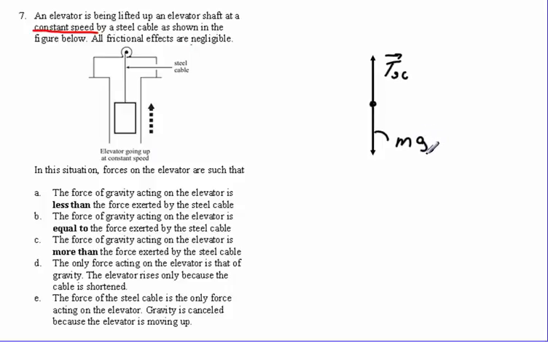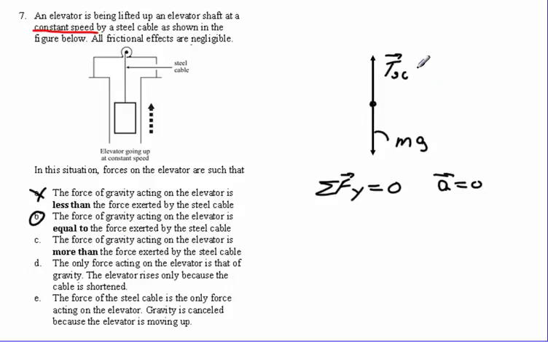Now the question says the force of gravity acting on the elevator is less. Well, we know right now if we sum the forces in the y direction, we must get 0. And the reason we get 0 is because they're constant speed, and we know the acceleration is equal to 0. So we know, again, this is going to be incorrect. The force of gravity acting on the elevator is equal to the force exerted by the steel cable.